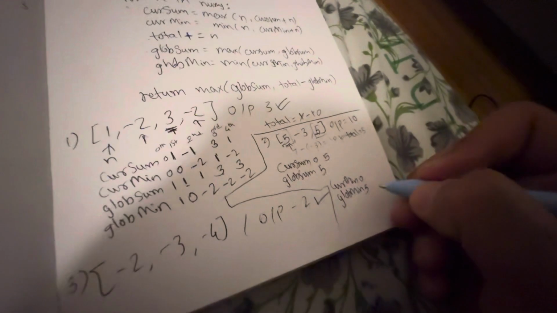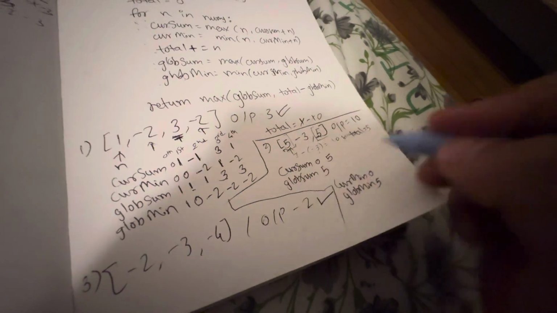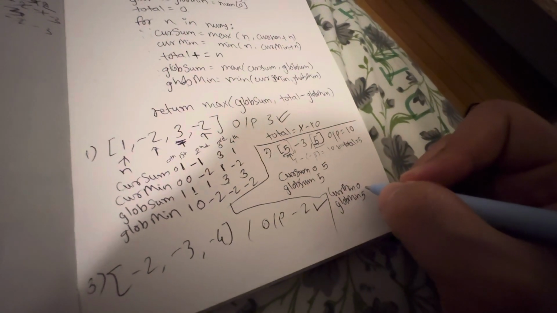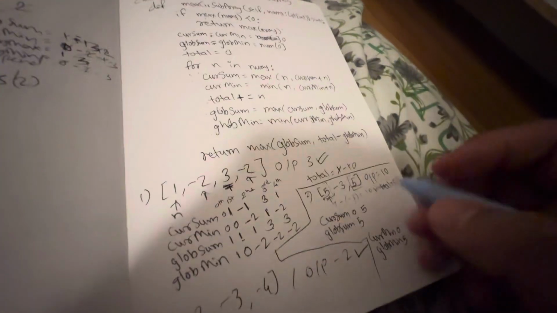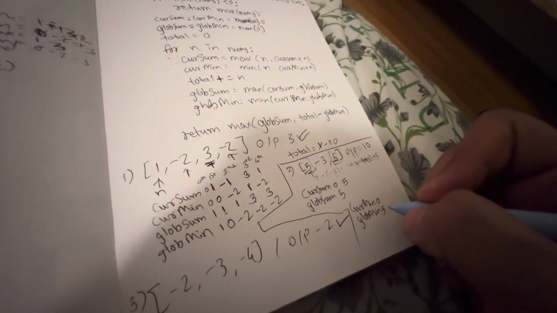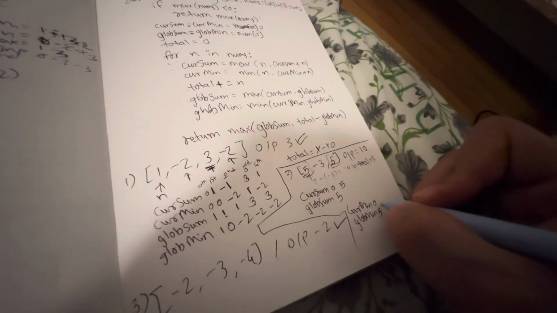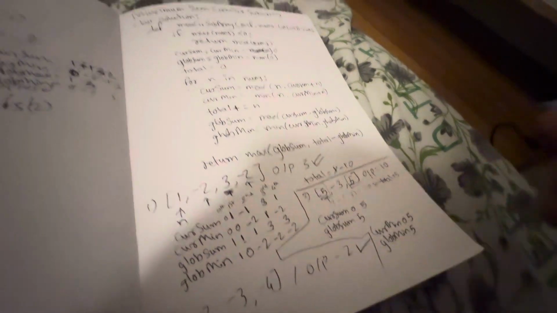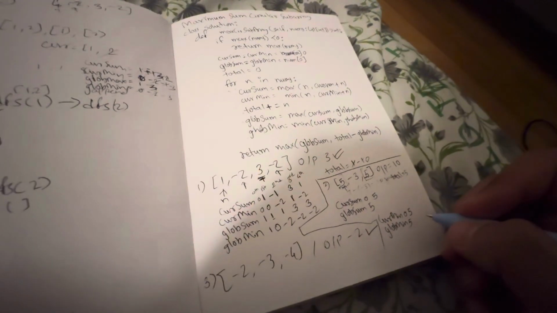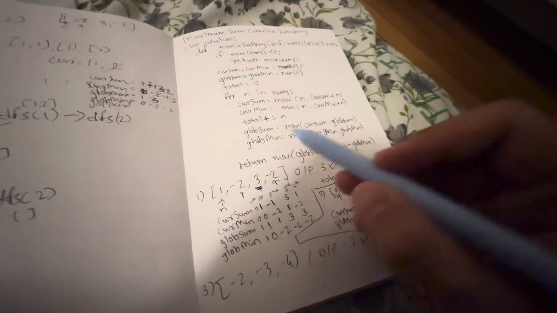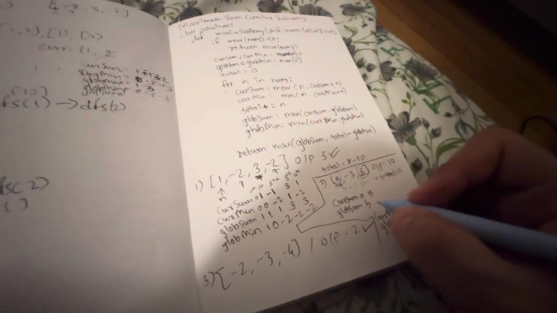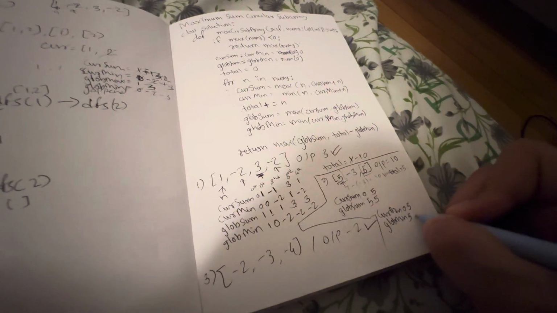So here now 5, current mean will be the minimum of n comma current mean plus n, 5 comma current mean plus 5. So current mean will be 5 minimum, right? Then it will check global sum, max of current sum comma global sum, so 5.